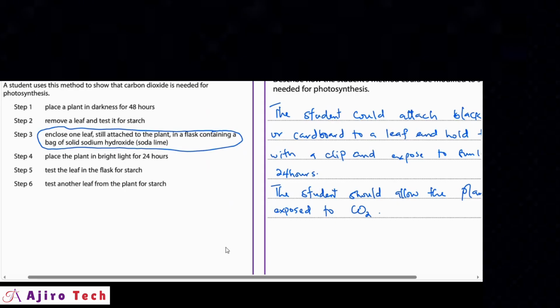Get a leaf from the one that you exposed to light for 24 hours and test it for starch, then see the results. The one you kept in the dark for 24 hours will test negative. The one you exposed to light for 24 hours will test positive for starch.